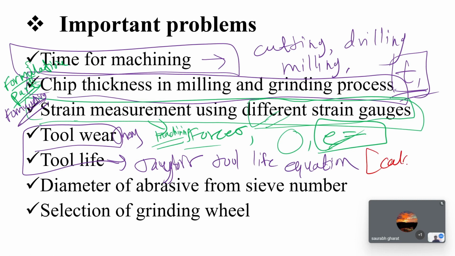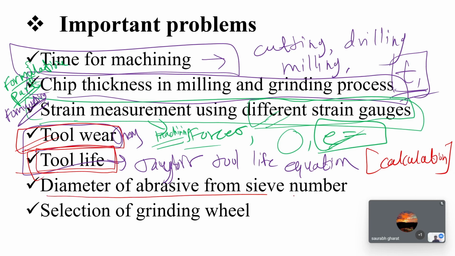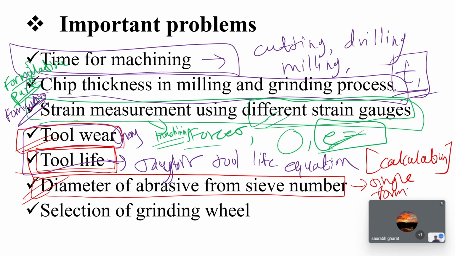So, Taylor's tool life and tool wear: this tool wear is mostly theory, where and how factors are fitted to that, and tool life equations. Diameter of average, you know the formula for that. Just one single formula.